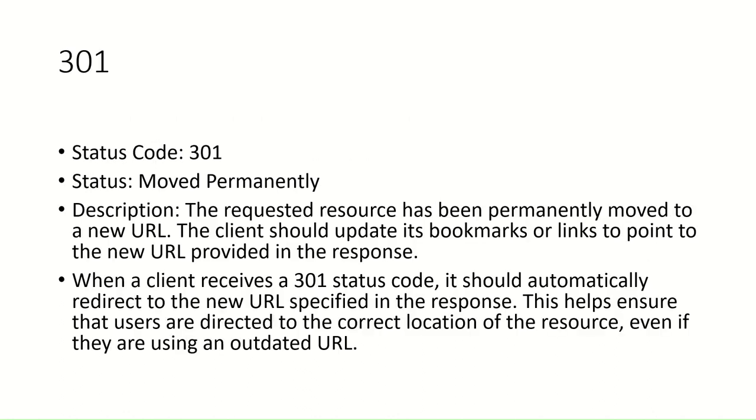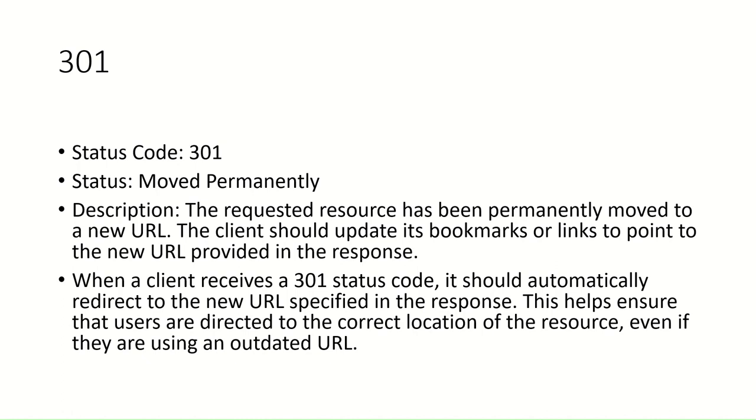So here we are picking 301 first. The status code is 301 and the status name is moved permanently. In the description you can see that the requested resource has been permanently moved to the new URL. So when the client gets this 301 status code, it means the requested resource has been permanently moved to a new URL.